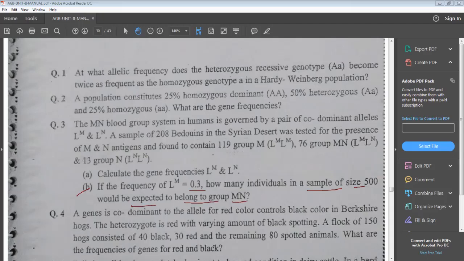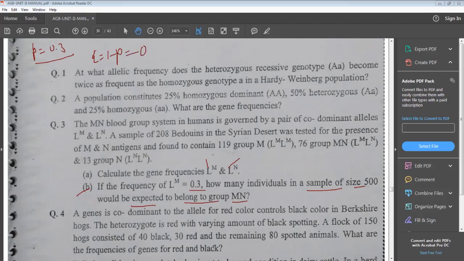Okay, now we have to calculate the gene frequency. Now we have the P value, that is 0.3. Okay, LM we had considered as P, this is Q. Now P we have, Q we can calculate as 1 minus P.